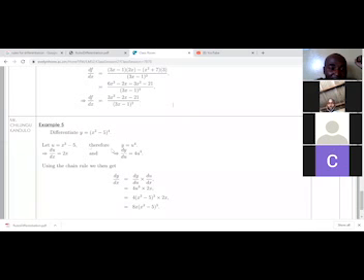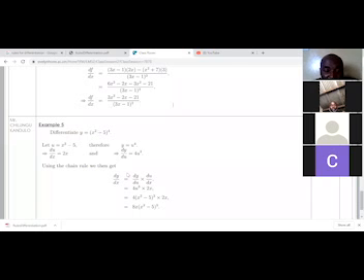Then you multiply these two to get dy/dx. You say dy/dx is equal to dy/du times du/dx. In physics, instead of y and x, you'll be putting x and t for mechanics. There are so many places where we do this calculus.